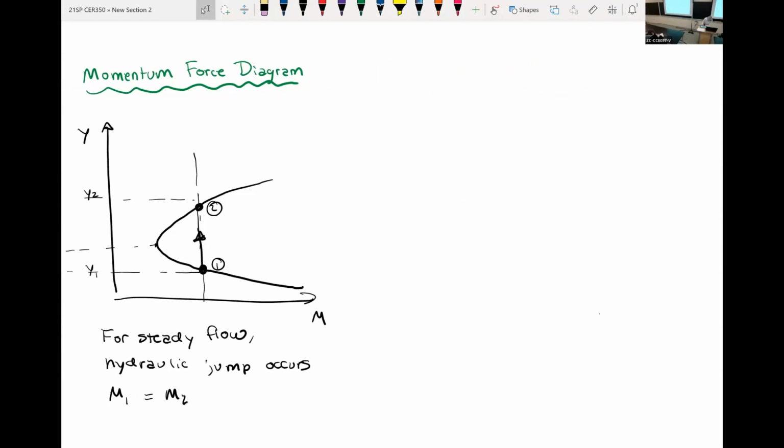And these depths are referred to as sequent or conjugate depths, which we solve for with an equation.